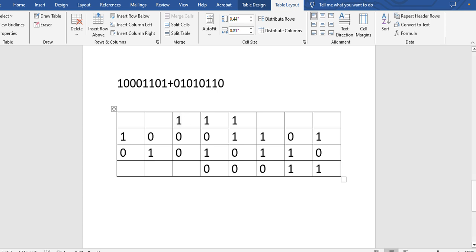Yeah, 1 plus 1 you get 0, you carry 1, then the one that you carry you come and add to this one. So you take the 1 plus 1 plus 0, so it is also 0, and you carry 1. And then you take 1 plus 0 plus 1, it is also 0, carry 1. And then it is now 1 plus 0 plus 0, this one is 1, carry nothing.